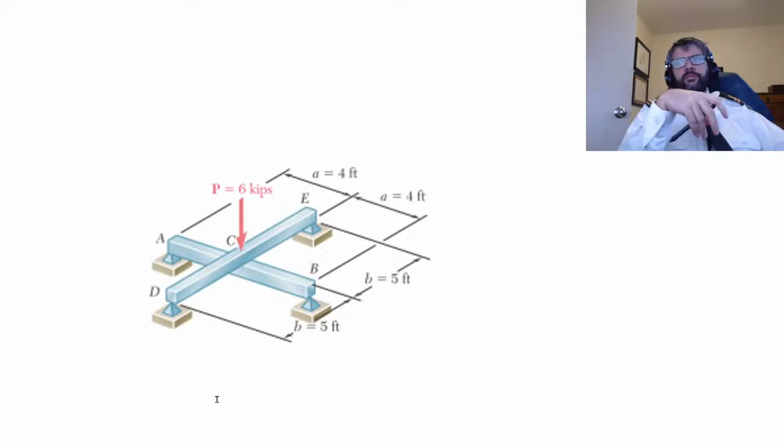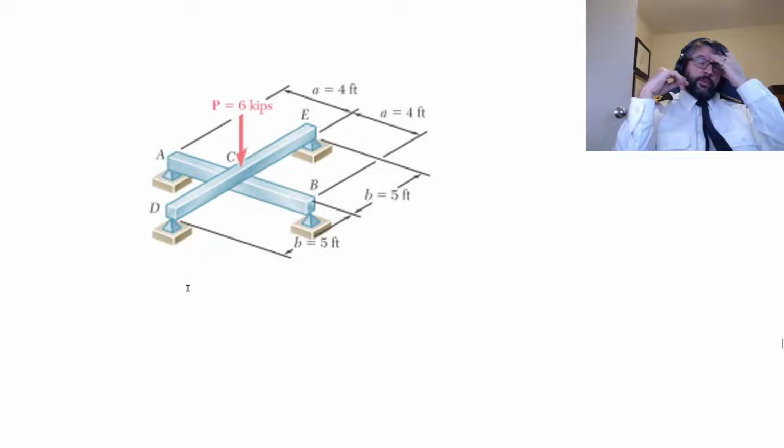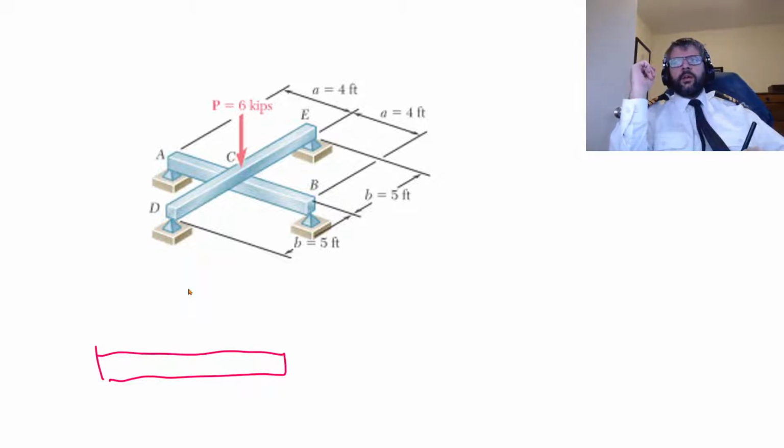Something like this. Again, kind of the same idea. We've got this force here. You've got these two cantilever beams. The force is applied in the cantilever beam. So if we have a look at AB, it just has a force coming down.